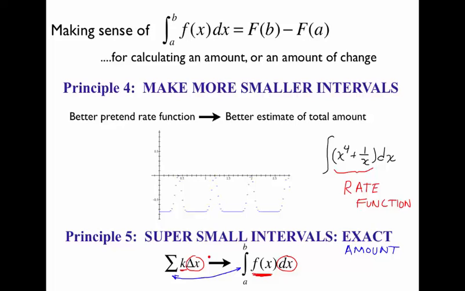And we represent that with the integral: the sum of a bunch of bits of change. So that takes care of the left side. The first 5 principles are about understanding what the left side is: summing up bits of change using the rate of change.